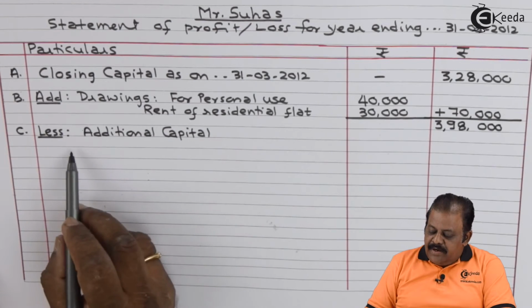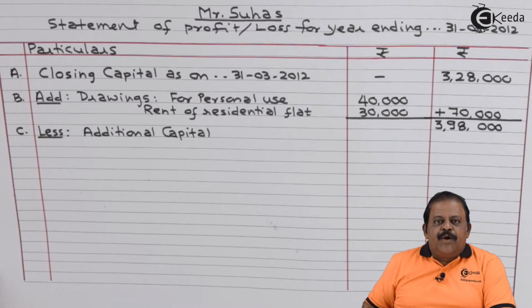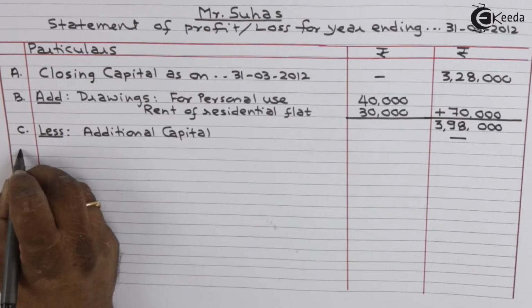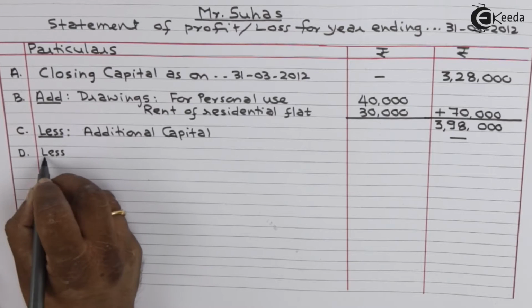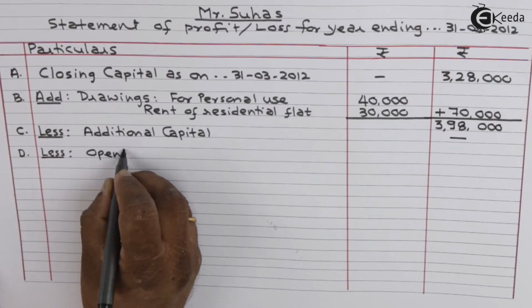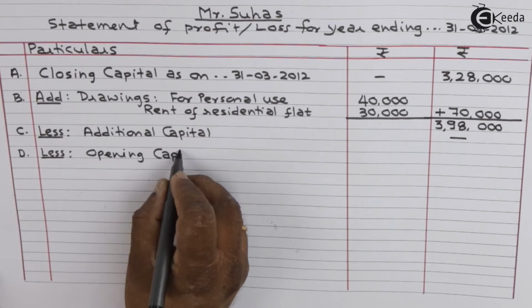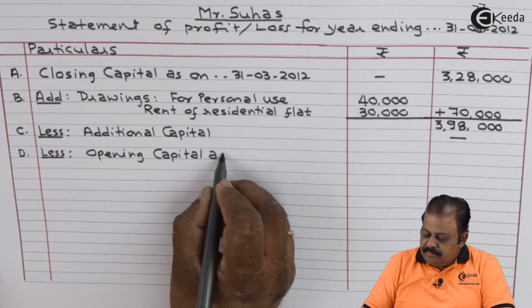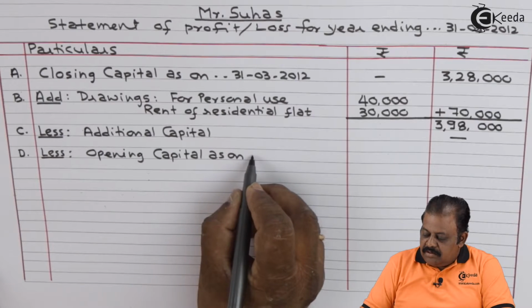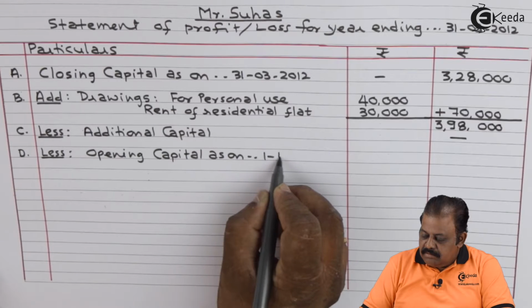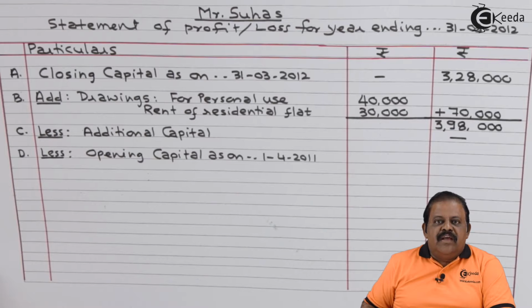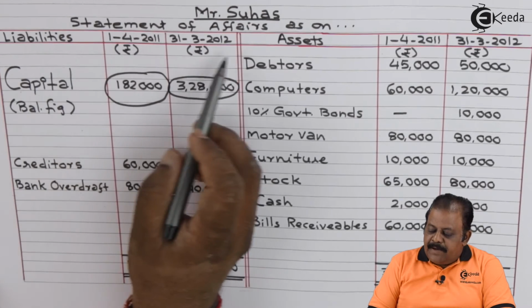From this we are required to deduct additional capital introduced by him during the year. In this problem, no additional capital is introduced. Less opening capital as on 1st April 2011. We have prepared the opening statement of affairs.